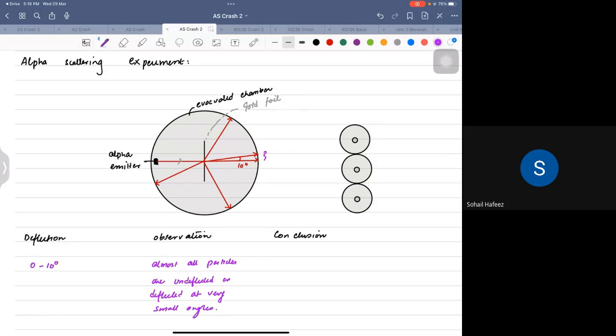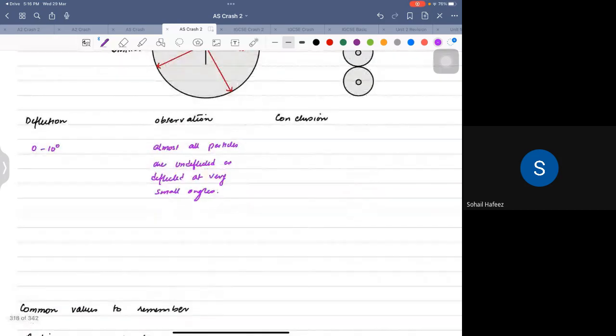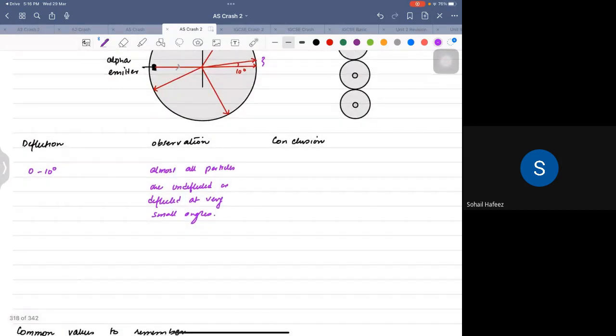Then you have deflection at larger angles, from 10 degrees to 90 degrees, which are these.